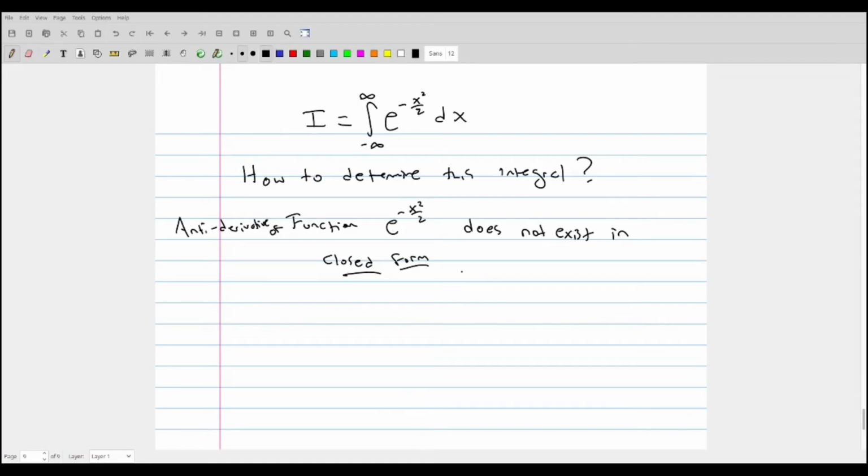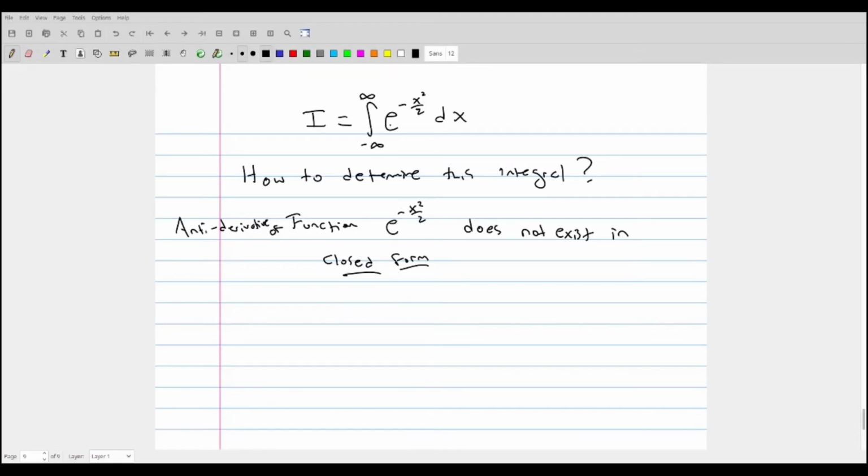Meaning that we can't express it in closed form or in terms of nice functions. So doing this integral in a standard manner, by finding the antiderivative of this function and then using our results on improper integrals to evaluate the limit, is not going to fly. We're not going to be able to compute that. So we need to look for a different method of figuring out what this integral is.